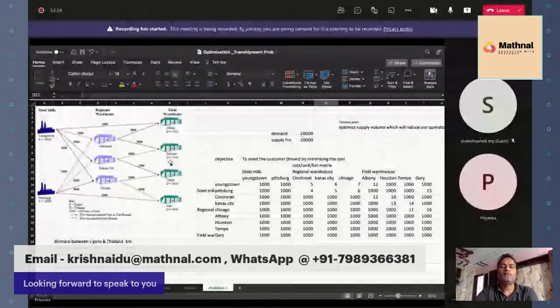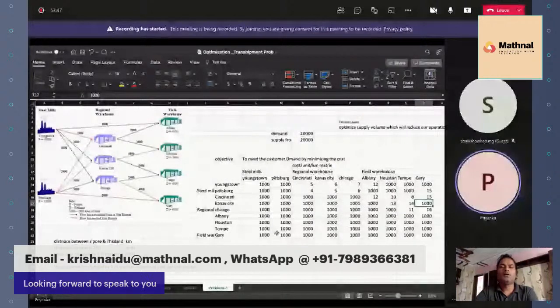We'll make it all. So go to the Cincinnati row in the cost per unit per kilometer matrix. The last thousands are there. For Tempe and Gary, put some values: 8 and 15.